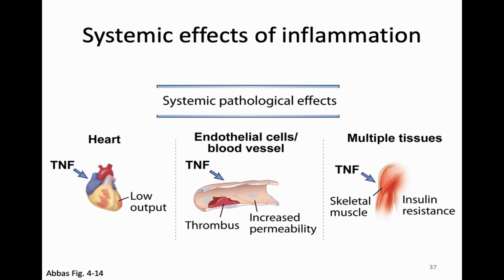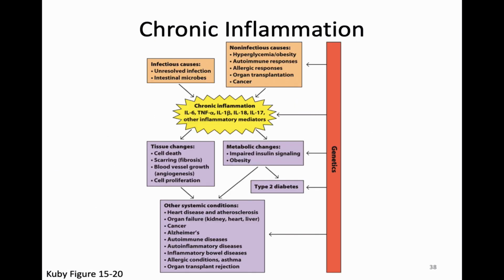We could also imagine that if we have long-term changes to the metabolism of muscle, we may see things like insulin resistance. And so we are learning more and more that chronic inflammation, production of these cytokines for too long or at too high levels can lead to a number of different conditions.